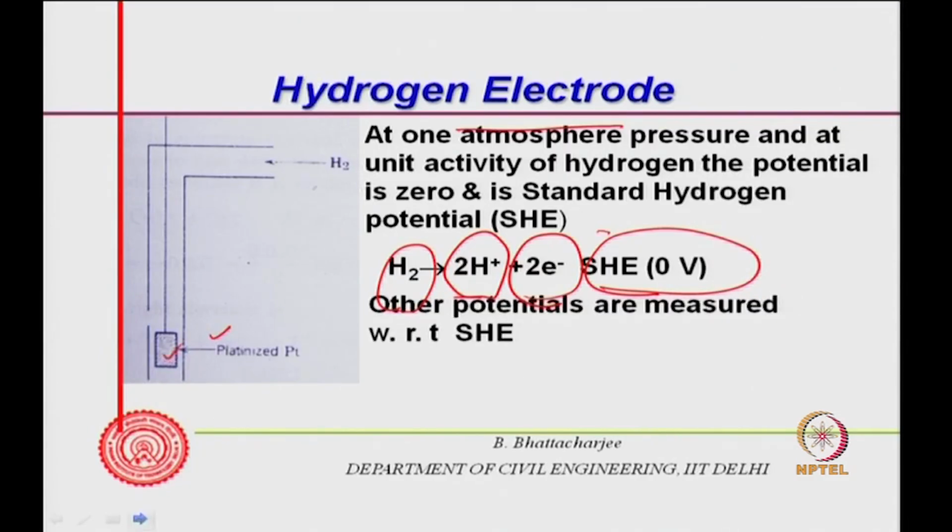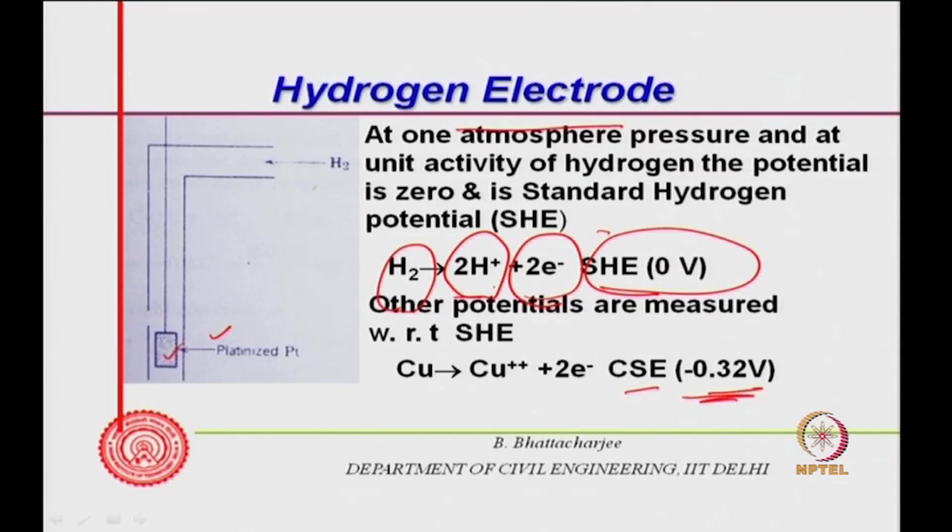For example, the most commonly used one for reinforced concrete is the copper sulphate electrode, and this value is minus 320 millivolt with respect to the standard hydrogen electrode. So, hydrogen electrode is considered 0, copper electrode is minus 320 millivolt.